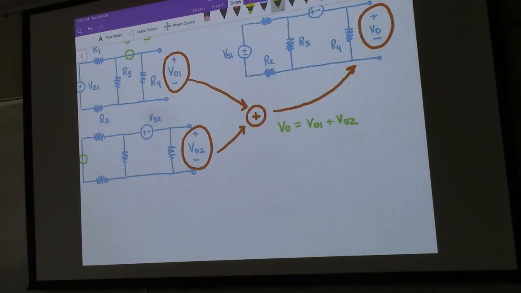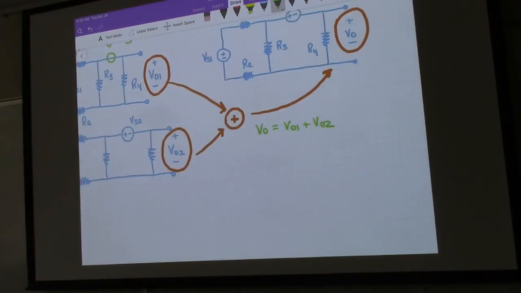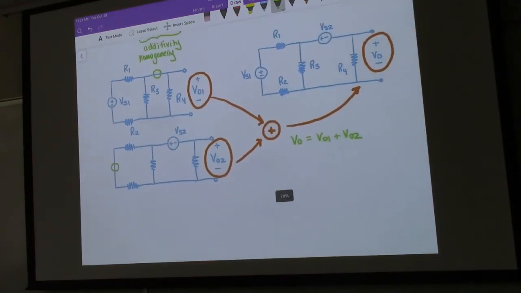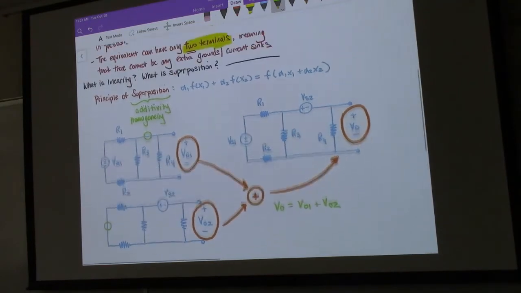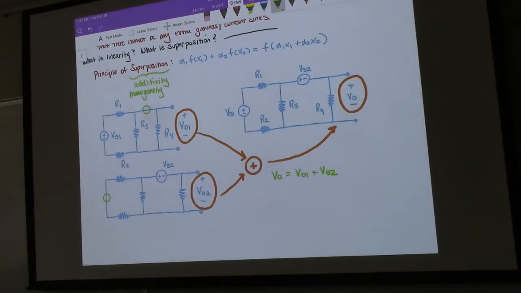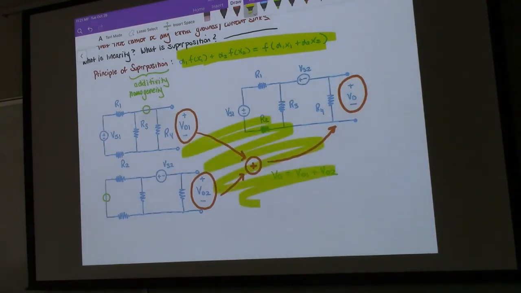So what we have here is simply, right, V out is equal to V out 1 plus V out 2. Okay, so superposition, linearity, superposition. You can see there's a parallel between our mathematical definition of superposition here and our circuit-based definition of superposition here.